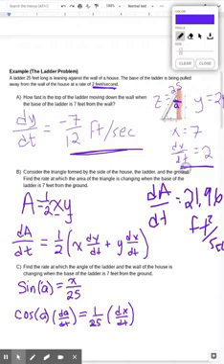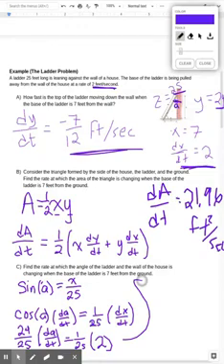Cosine of A. Do we know what cosine of A is? Well, yes, we do. It's relationships of trig. So cosine of this angle is just adjacent, which is 24, over the hypotenuse, which is 25. So this is really 24 over 25 times dA/dt equals 1 over 25 times dx/dt, which we know is 2.